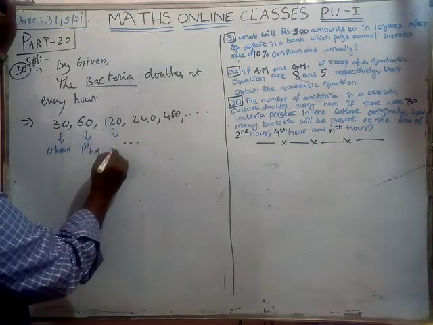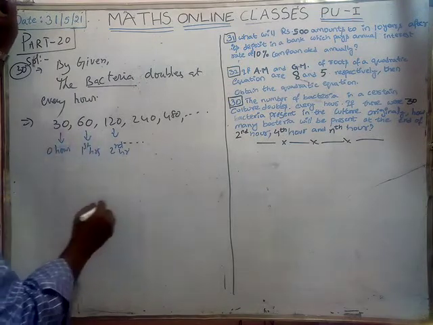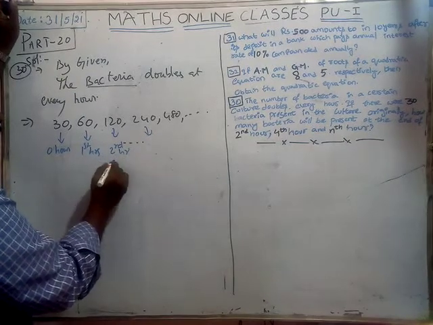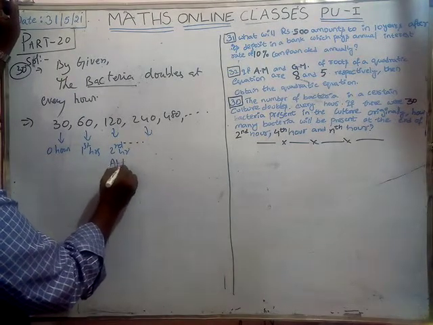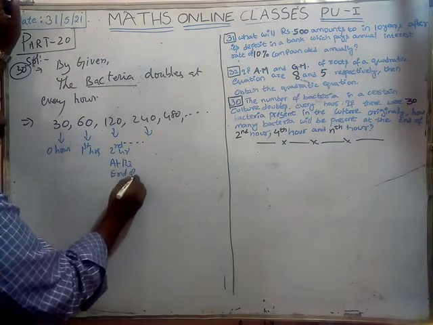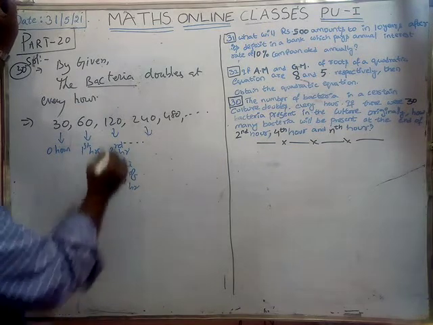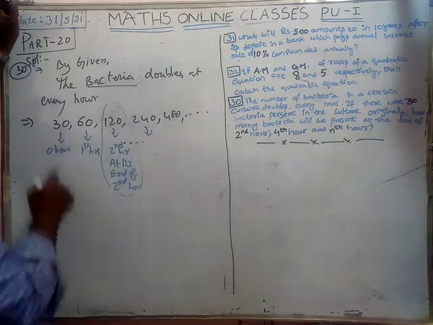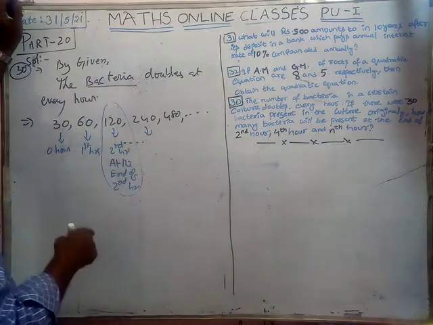At the end of the second hour, it is 120. At the end of the second hour, the number of bacteria are like this. First hour, second hour, we are asked the second hour.